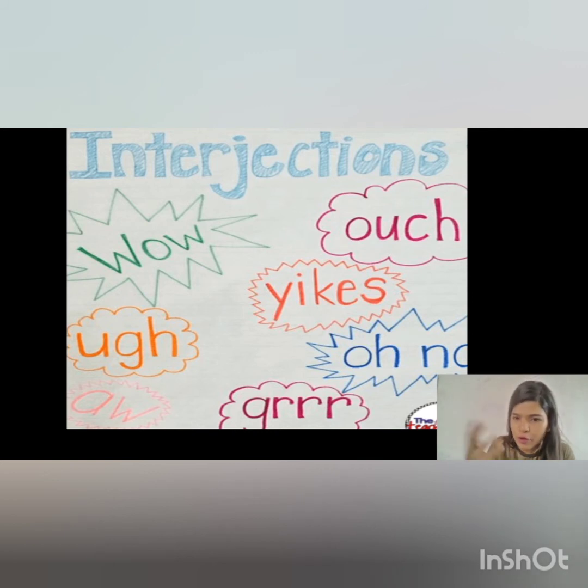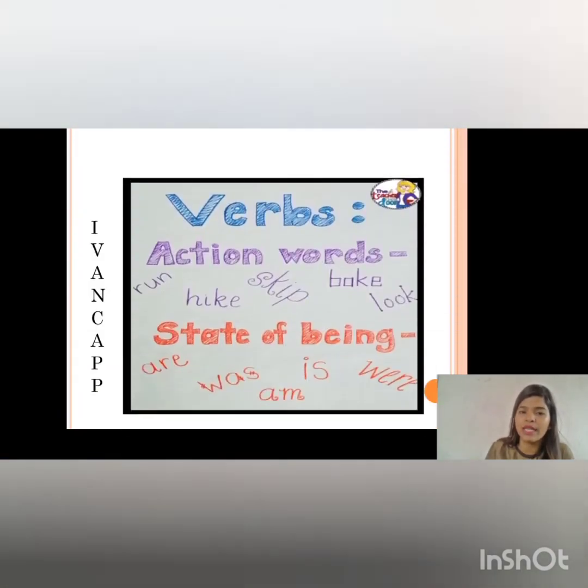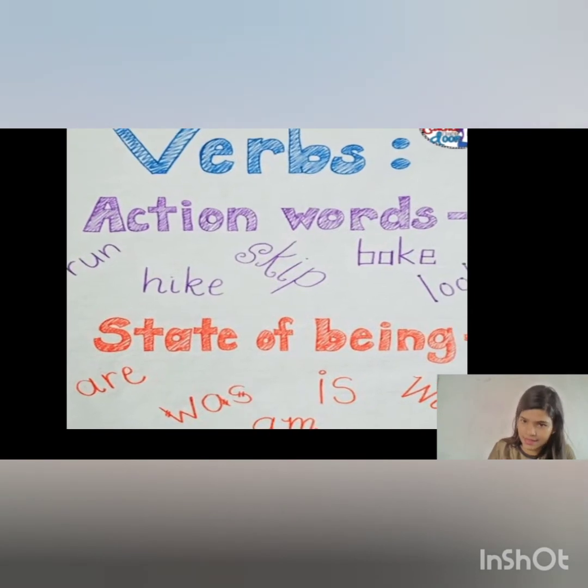So these are a few words through which we can express our feelings, and some more examples of interjection. Now moving to the next, we have verbs. As discussed in the last class, action words, it can be skip, bake, look, hike, run, jump, anything.